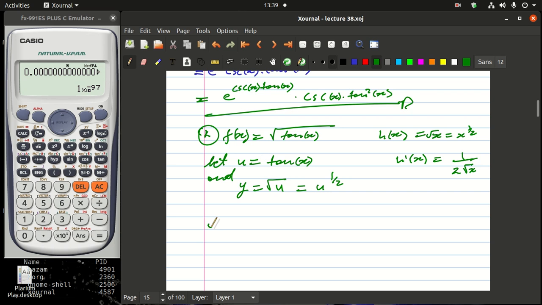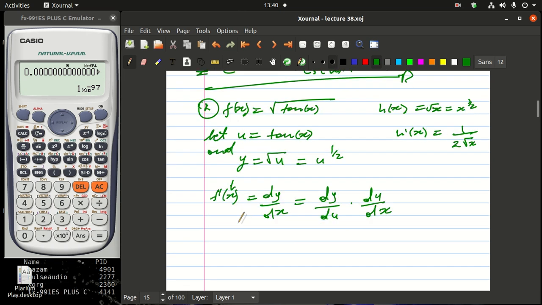And then our f prime of x is actually going to be dy/dx, because the independent variable is x, but my y is not in terms of x, so I want dy with respect to u, but u was not part of that, so I still have to take u now with respect to the inside variable, which is x.